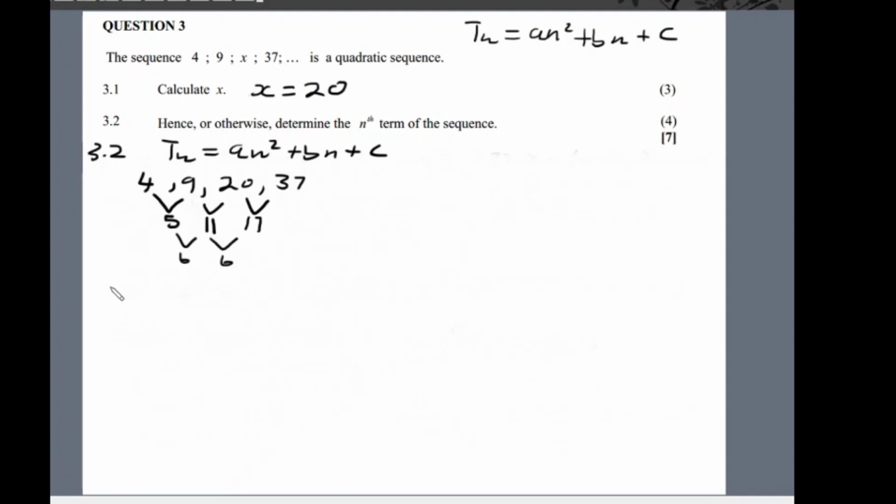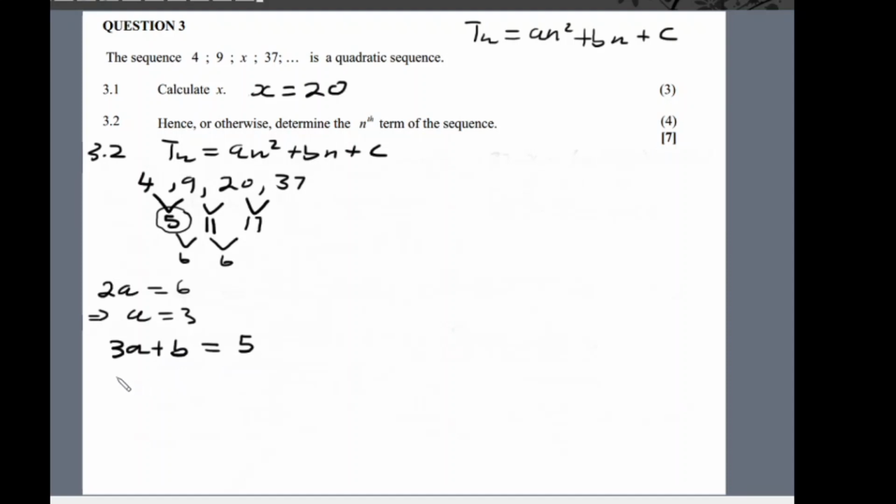Because the second difference is 6, we know that 2a is equal to 6, therefore a is equal to 3. And then we also have the first term of the first difference, 3a plus b, equal to 5.